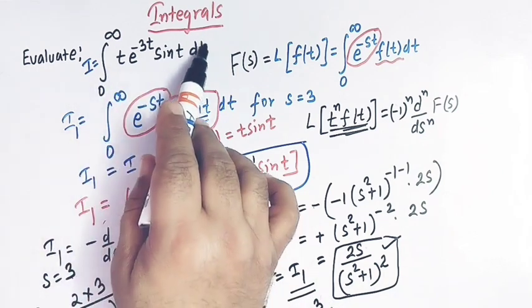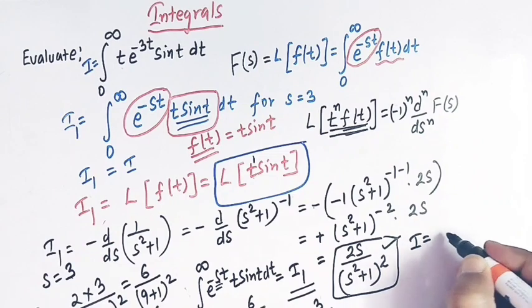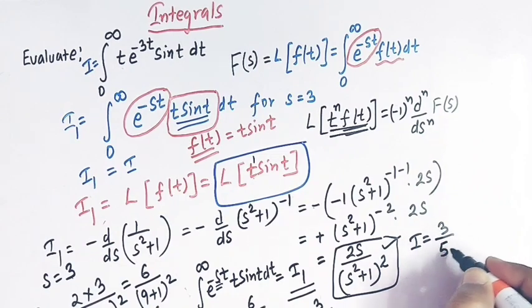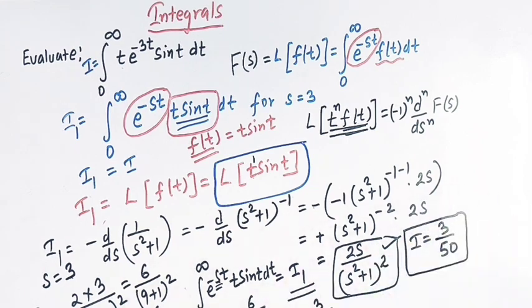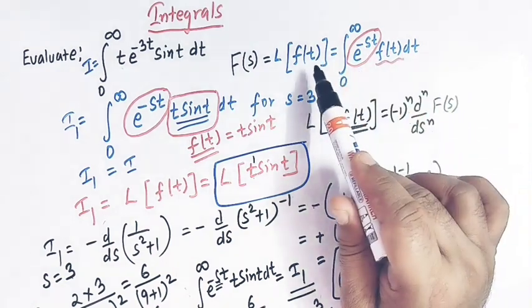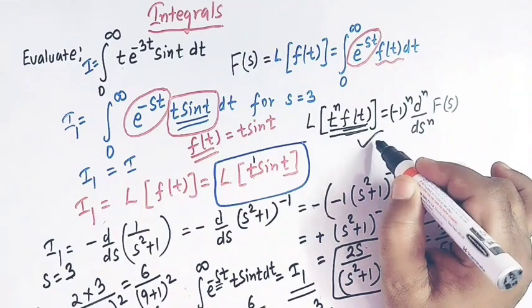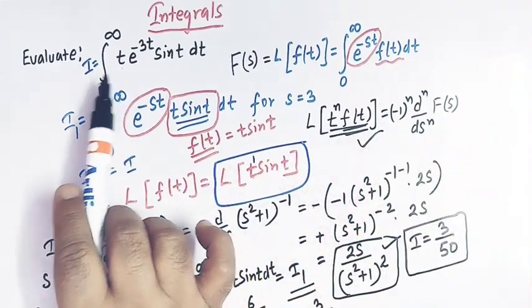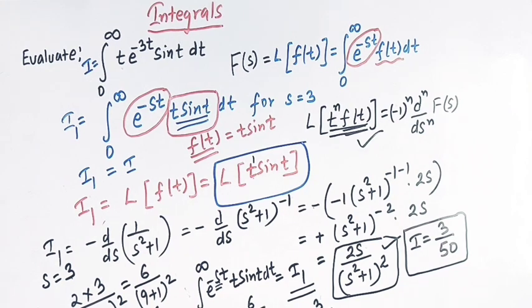So viewers, the value of this integral I is equal to 3 over 50. So in this way we have seen that by making use of the concept of Laplace transform and this property of Laplace transform, we can easily solve these kind of integrals, right?